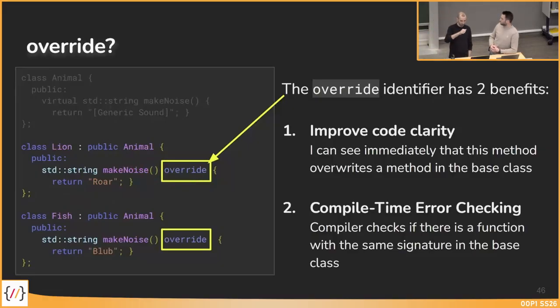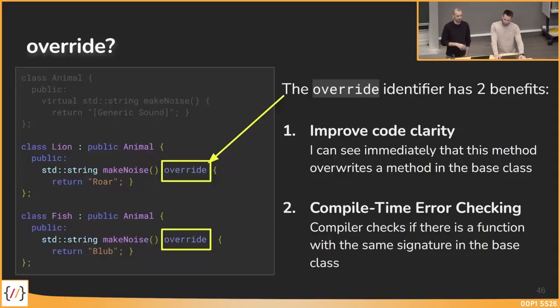Virtual is in the base class, which means there is a possible implementation in the derived classes. And in the derived classes, you can write override. You don't need to, it works also without it. But this is just for the programmer to have better clarity that this is a function or a method which is already implemented in the base class, and now I want to override it.